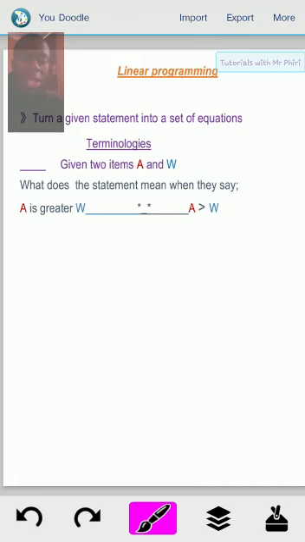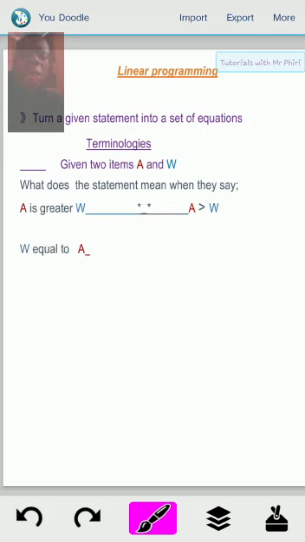So this is how we write A is greater than W. The big side of the symbol points to the big value, and the small side points to the small value.